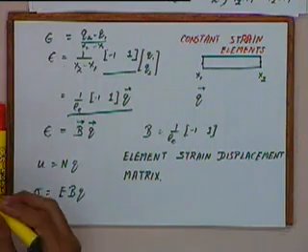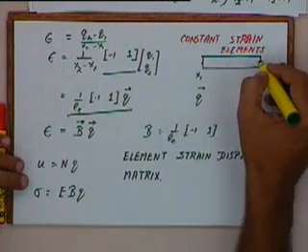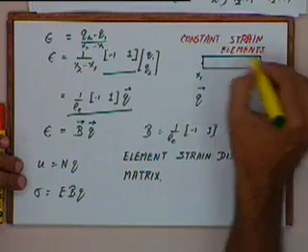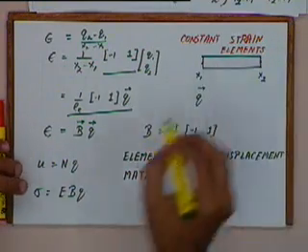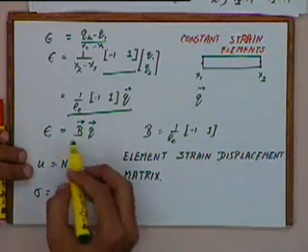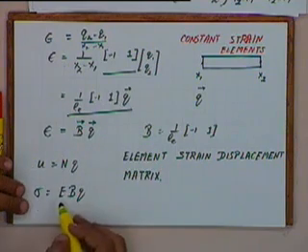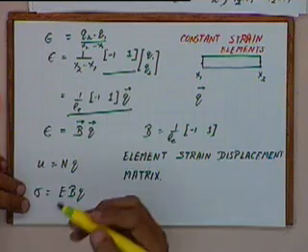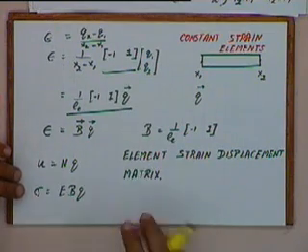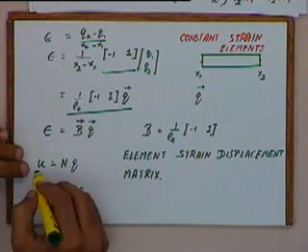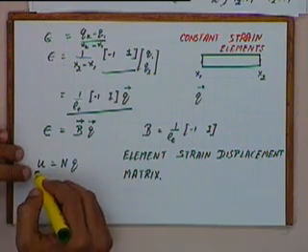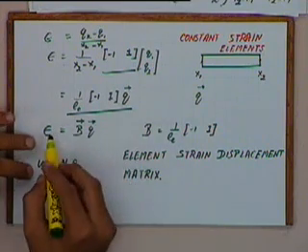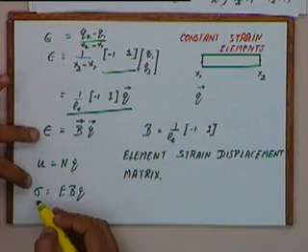So for simple two noded 1D elements, which are also the constant strain elements, we will get u equal to N q, epsilon equal to B q, and sigma equal to E times B times q. If we can find out u, we can immediately get the values for epsilon and sigma.